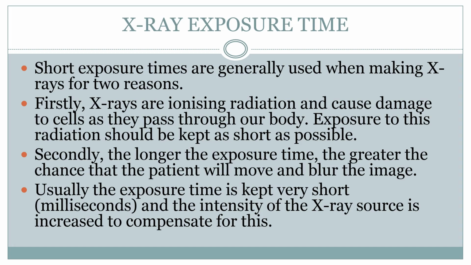So if we want more X-ray photons per second, a more intense X-ray source, then we need more electrons striking the target metal, which means that we increase the current through the filament. So we keep the tube voltage the same, but we increase the current through the filament to release more electrons, which produces more X-ray photons when the electrons strike the target. By doing this, a short time, high intensity exposure, produces better X-ray images.